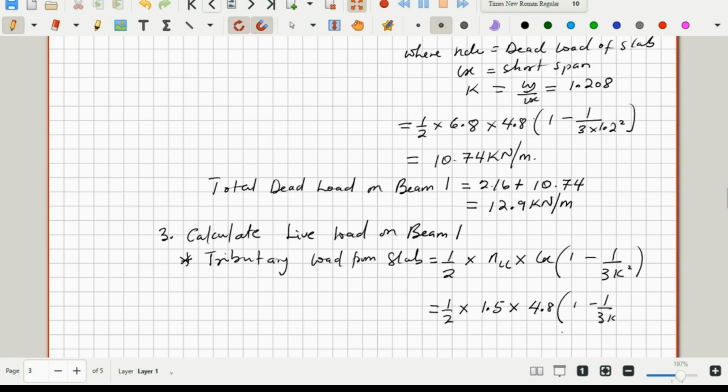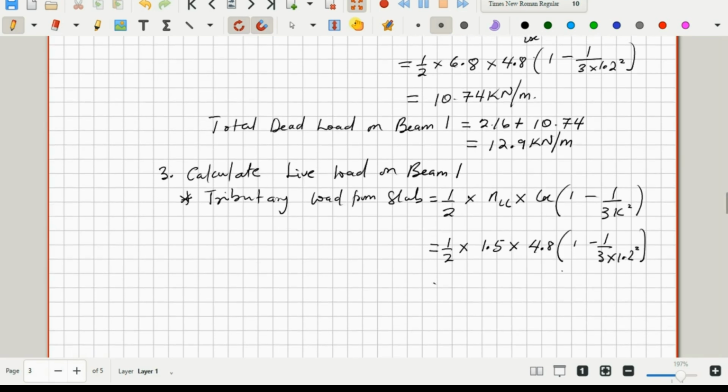So our K, we know the value already. So that is 1.2 squared. And if we solve that, we use our calculator, we'll have 2.77 kilonewton per meter. Right.